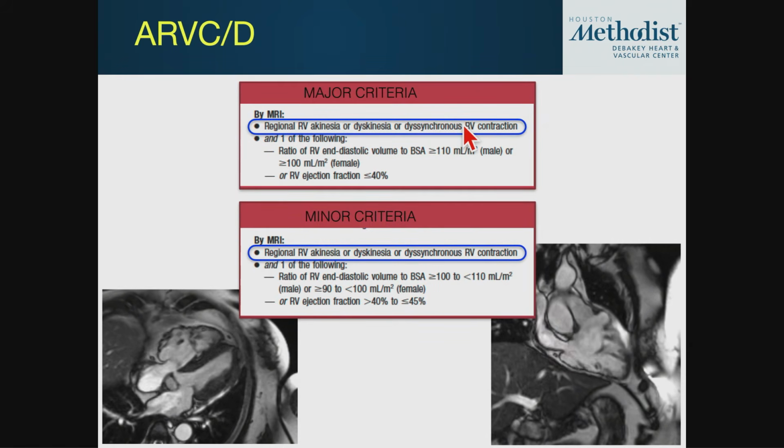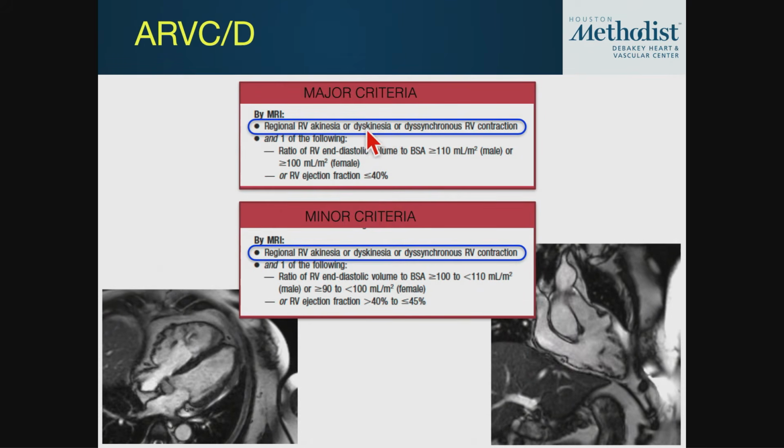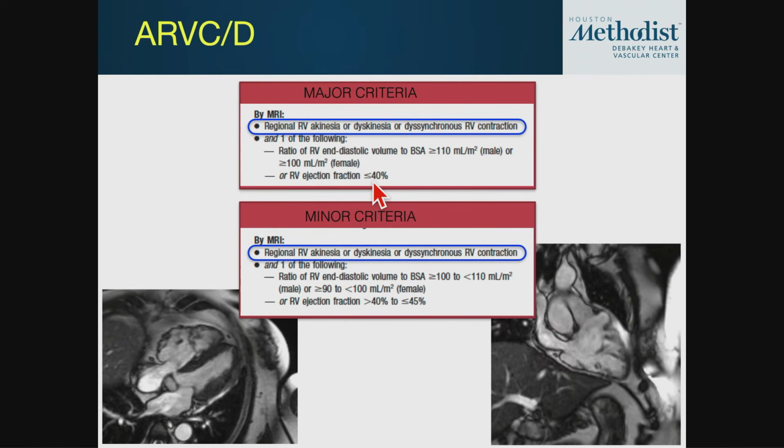Once you have that, then we look at these quantitative criteria, and it's really based on size and function. And so major criteria would be if the RV ejection fraction is less than 40%. So again, first you got to have a wall motion abnormality, and then RV ejection fraction less than 40%. That's a major criteria for RV dysplasia.